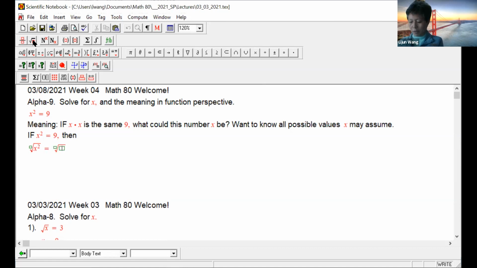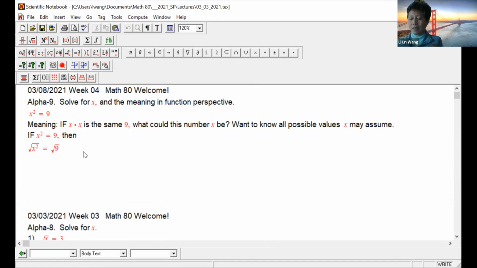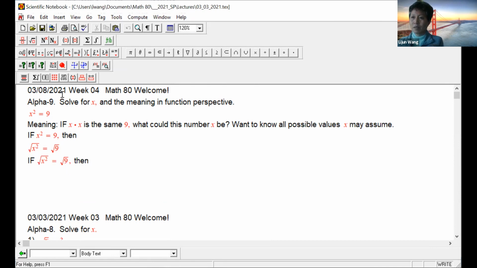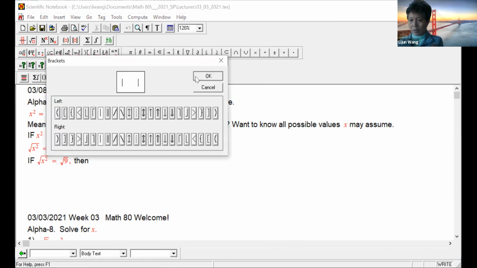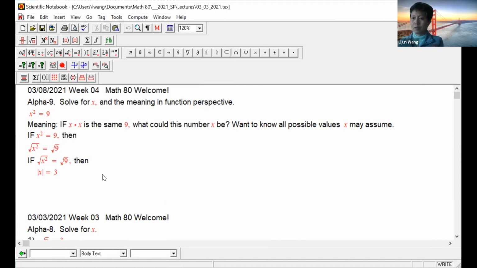Okay, I don't know how I made that mistake. I meant to copy. Okay, and then if this is true, right? Then the absolute value of x is equal to 3, right?